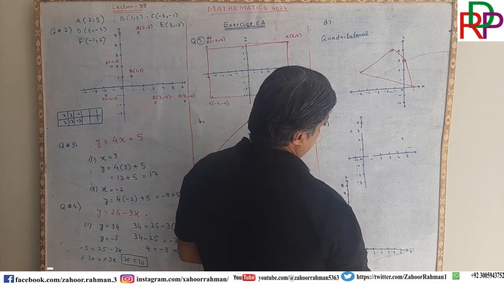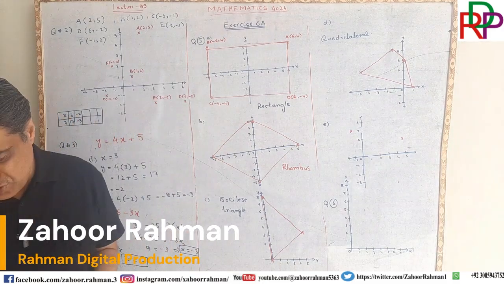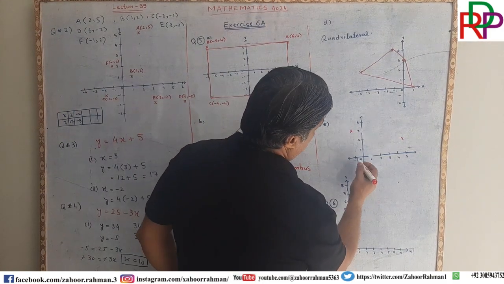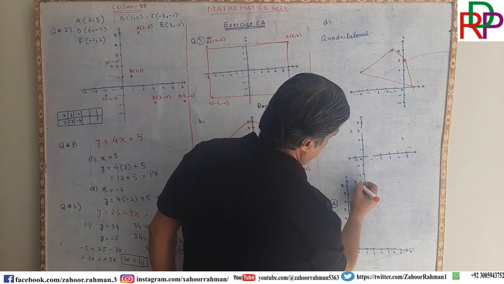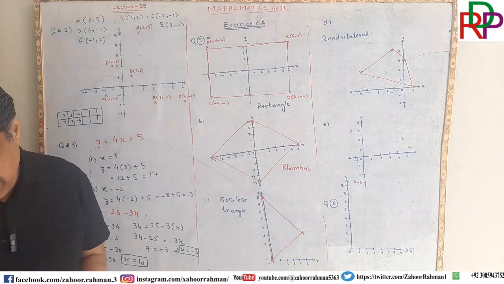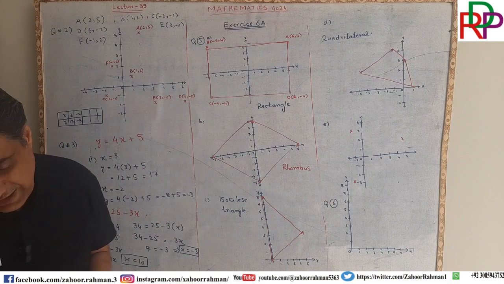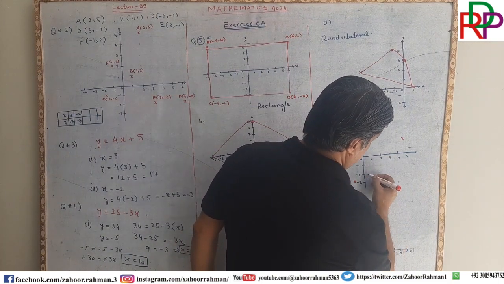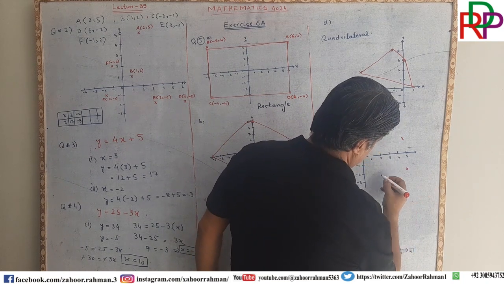Now next one is minus 1 minus 3. So minus 1 minus 3 will be here. And then 5 minus 2. So 5 minus 2 will be somewhere here.